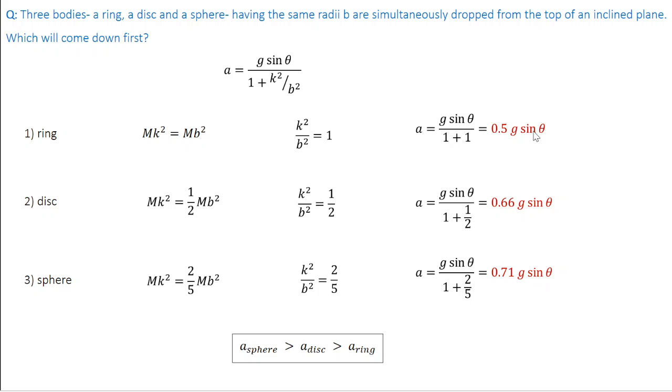So compare the values. G sine theta is common, so you just compare the coefficients. You can find that the acceleration of the sphere is higher than the acceleration of the disk, which is higher than the acceleration of the ring. So the sphere is going to come down first, followed by the disk, and finally the ring.